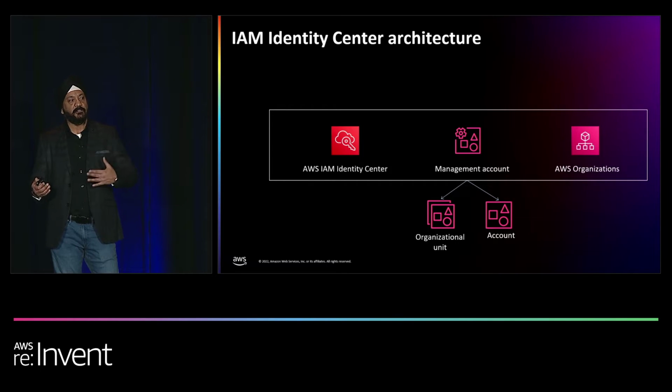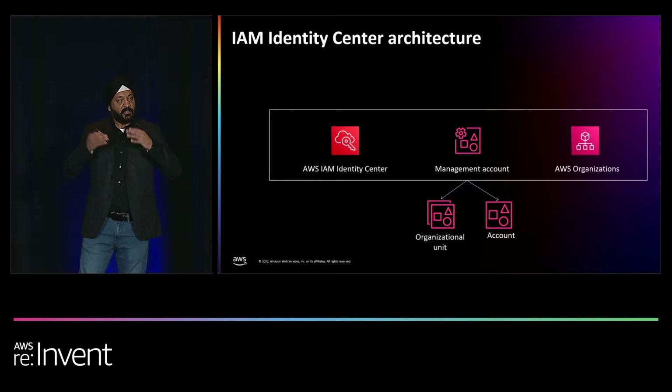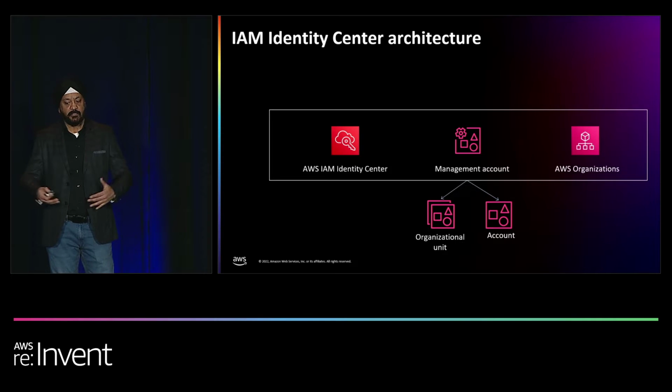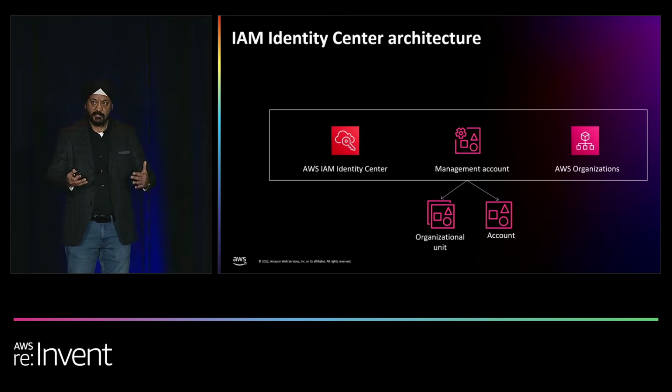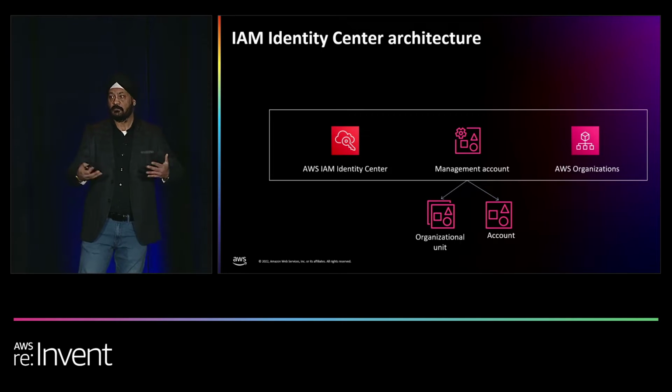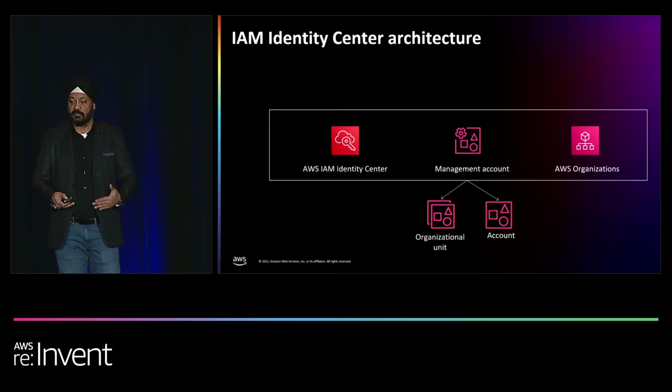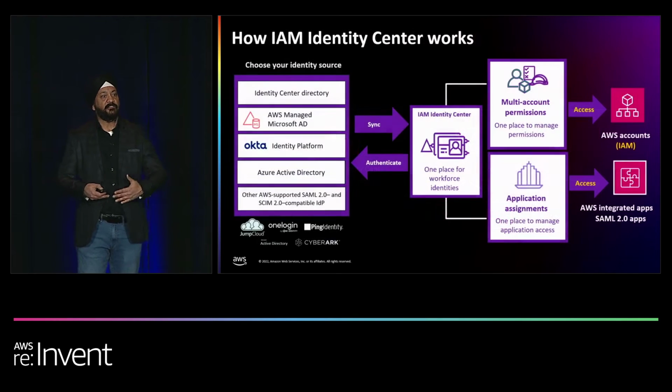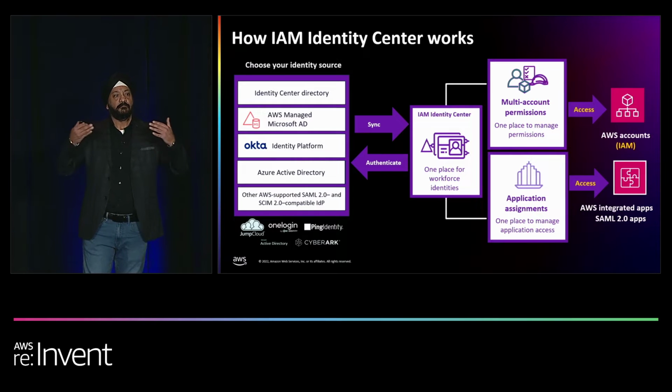IAM Identity Center integrates with Organizations and lives in the management account and allows you to manage access for multiple organizational units and multiple accounts across this organization. So then the question becomes, am I going to be allowing my delegated admins or what have you to the management account? No, not necessary. Jonathan is going to talk about it a little later. But the point is, it helps you in adopting multi-account strategy, simplifying access management at scale.